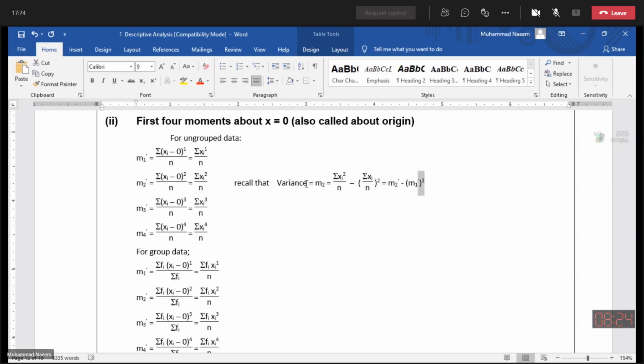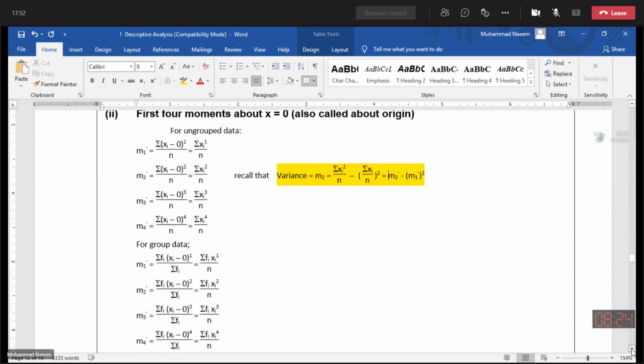So in this way we have expressed the second moment about mean in terms of the moments about origin.